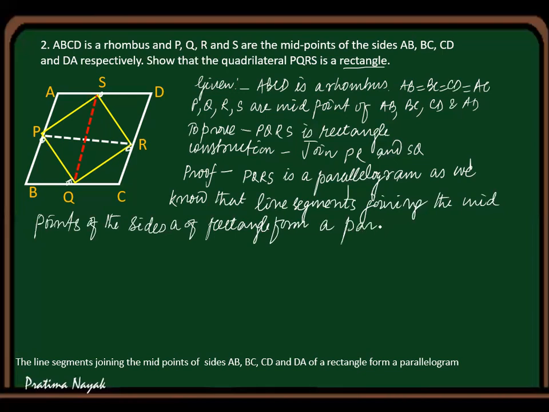So it is a parallelogram. Part 1 is over. Now the extra property is that the diagonals are equal.